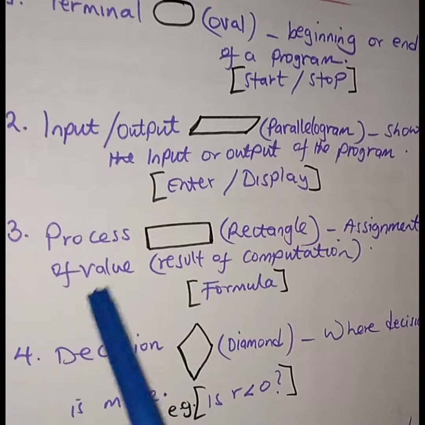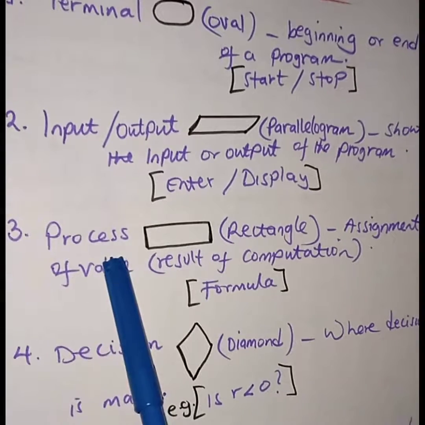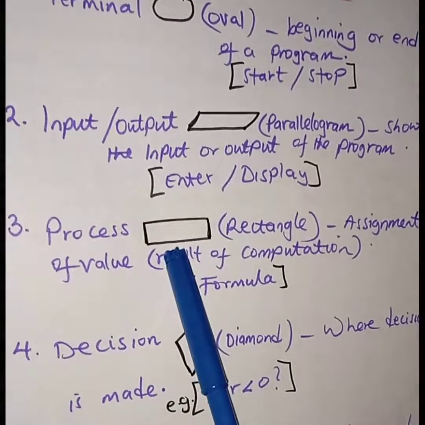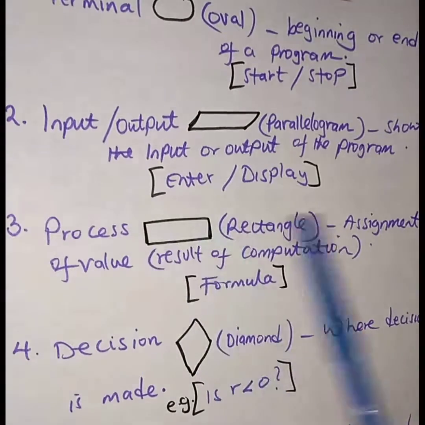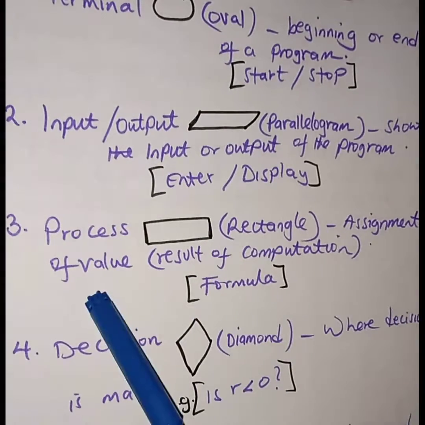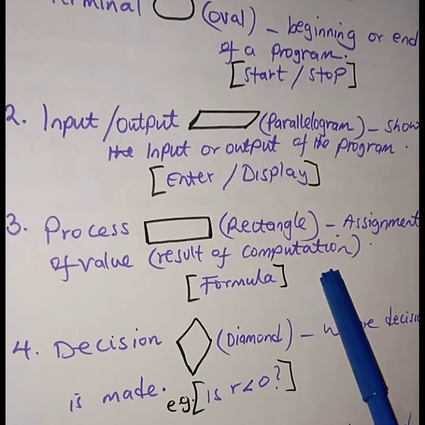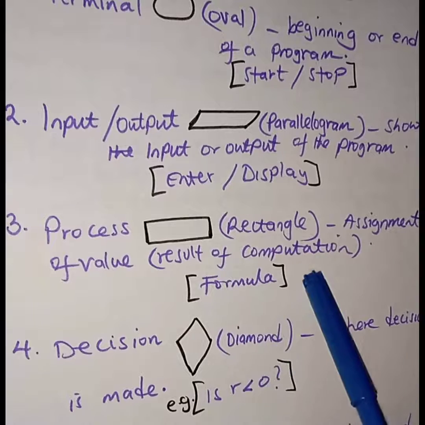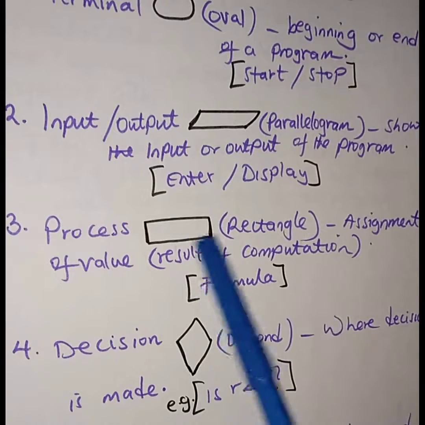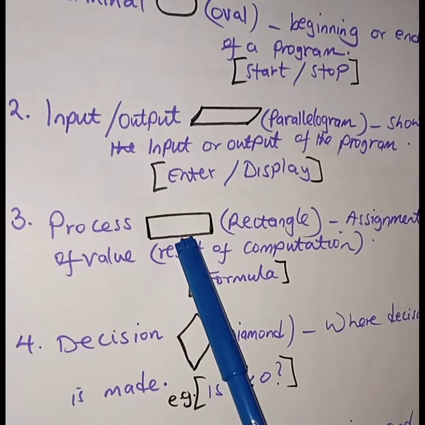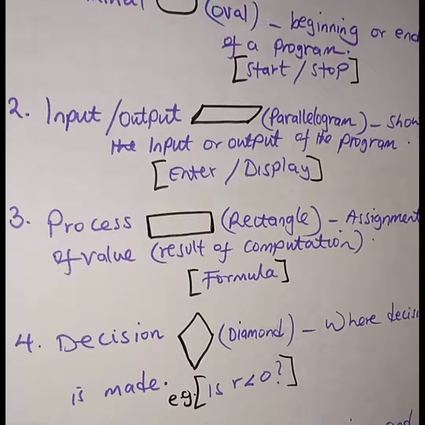Then the third one is called a process. Remember it as a rectangle. This one is for assignment of value, same as a result of computation, result of calculation. Now what do we write in this shape? We write the formula.